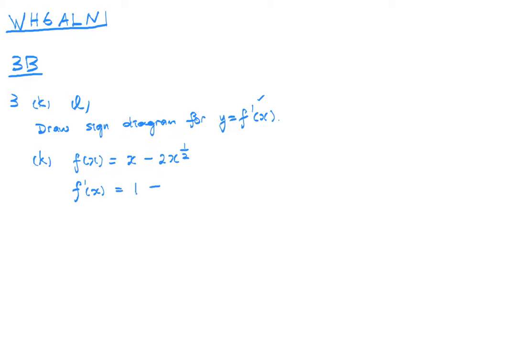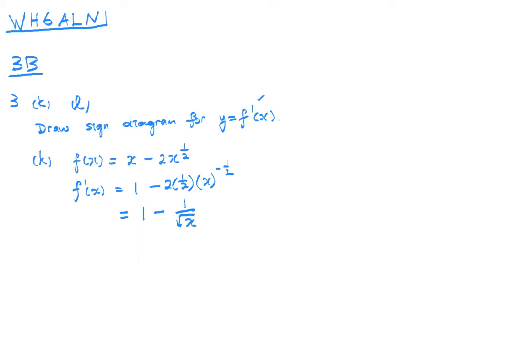Rate of change of 2x to the power of half, follow the formula, bring down the power, take away 1. So this will be simplified as 1 minus 1 over root x.